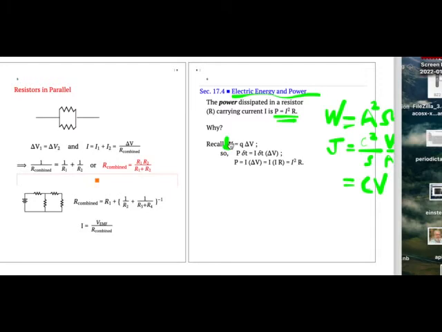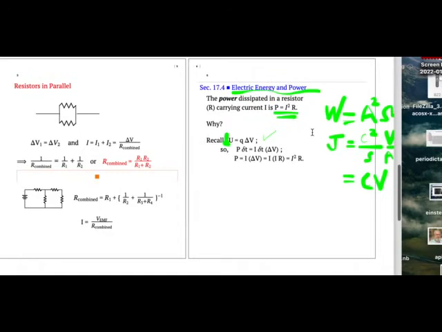So delta U is joules, Q times delta V is coulomb times volts. So you see the units between this equation and this equation are consistent.